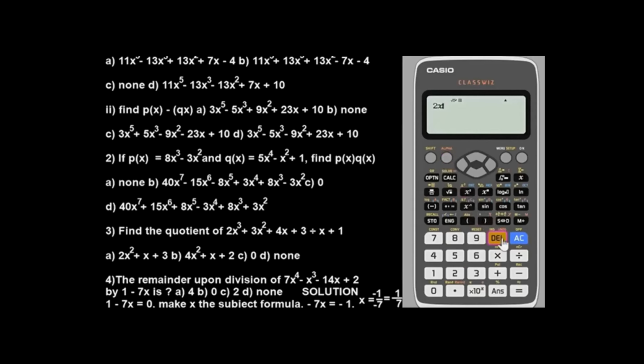We have 2x cubed, come down, plus 3x squared plus 4x, plus 3. Now let's use the division and see if we get the same result.